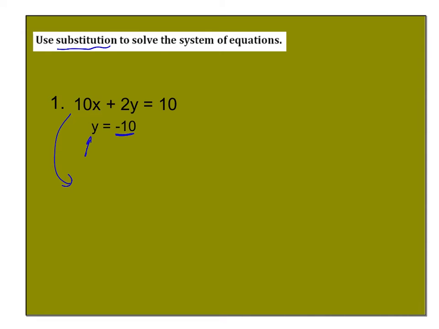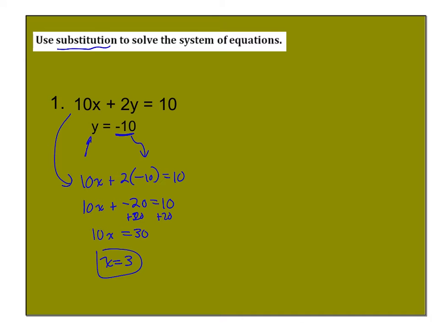I substitute in for y, putting in negative 10. Now I've only got one variable to worry about. So 10x, I would add 20 to both sides, so 10x will equal 30. X equals 3. In this case, they already told us what y is, so my answer would be 3, negative 10.